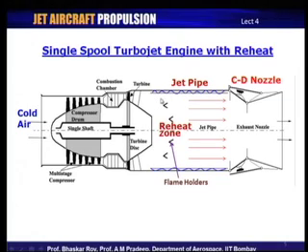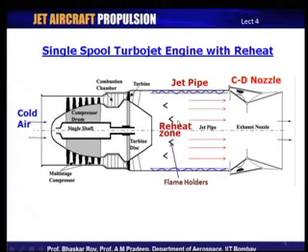Now, this long jet pipe is then used to raise the gas temperature to an even higher level. We shall talk about these things in more detail later on. The primary reason for introducing the reheat here is that you do not have any turbine anymore.